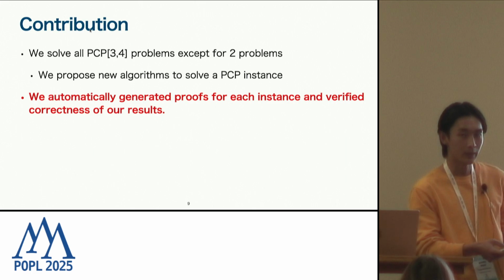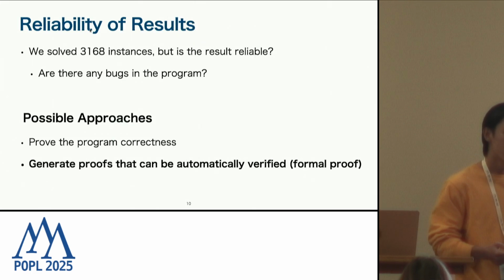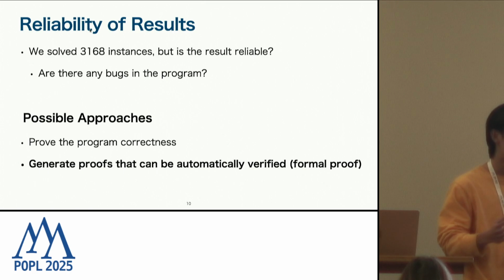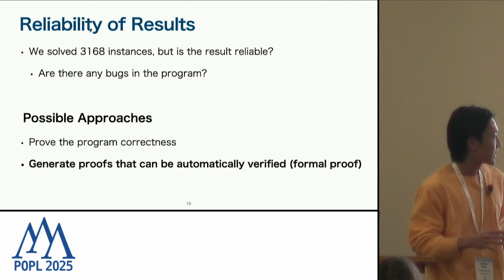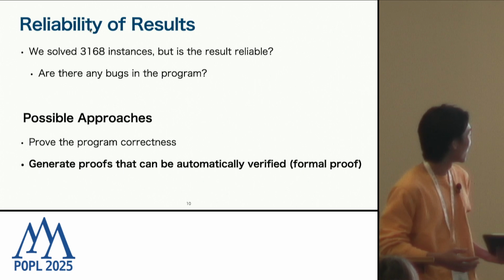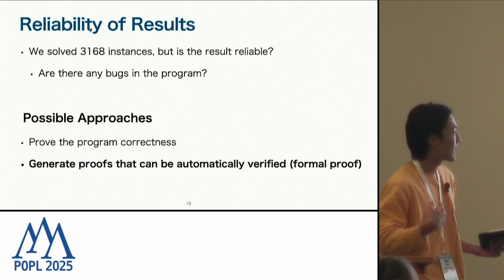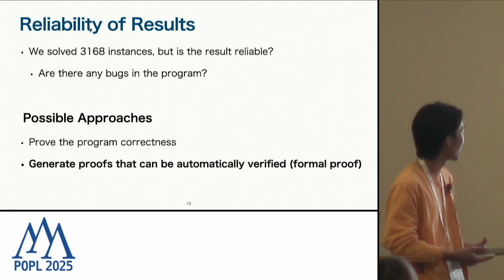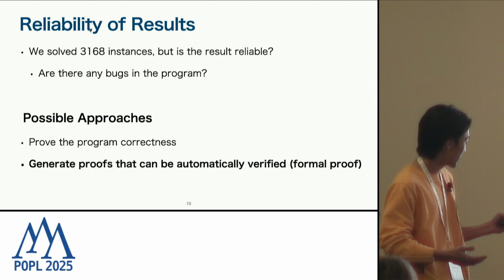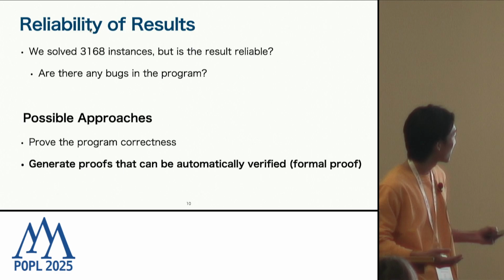Why does this matter? We solved 3,168 instances in total using some thousands of lines of code I implemented. Every time I touch the code, I find new bugs. So when someone asks me, are there any bugs in your program, I can't deny that possibility at all. To resolve this challenge, there are several possible approaches.